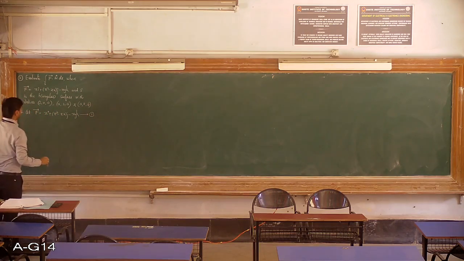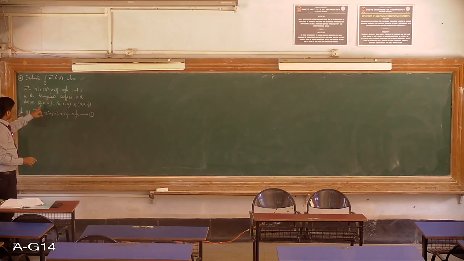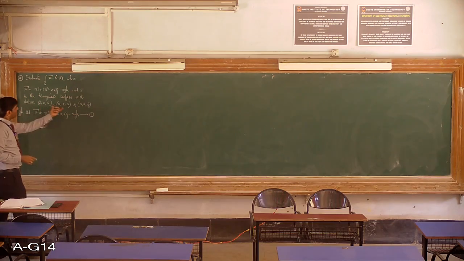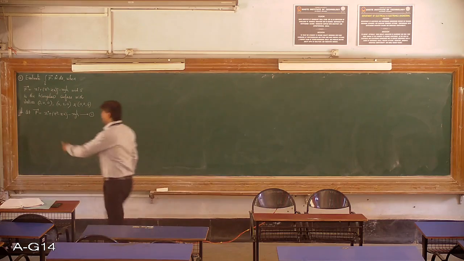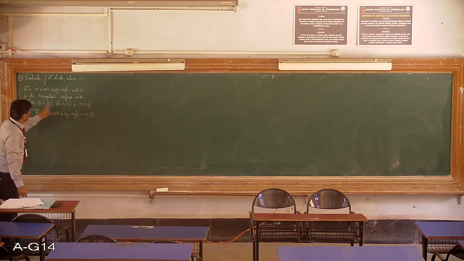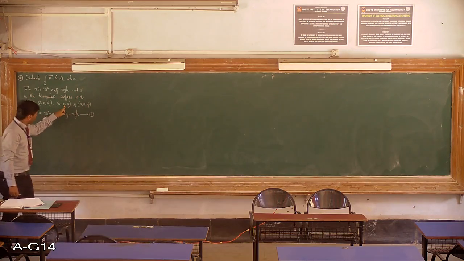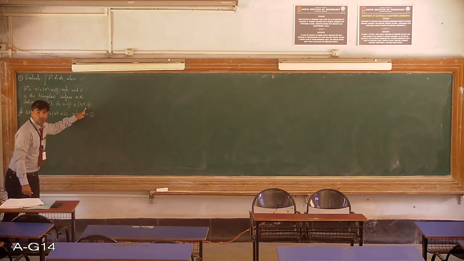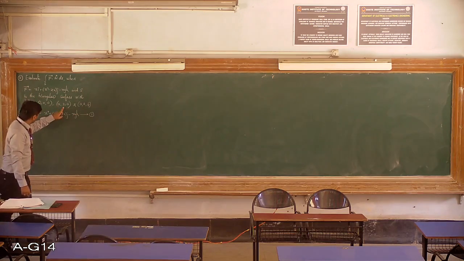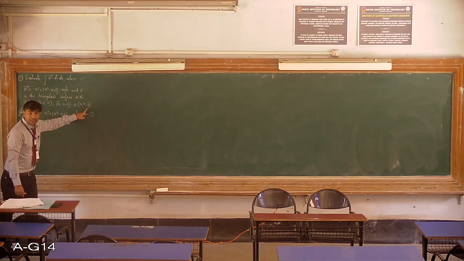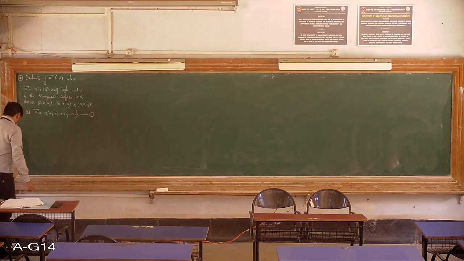Now here the given is a triangular surface with the vertices. Okay, so this is passing through these 3 vertices. That means it is a plane which cuts x-axis at 2, y-axis at 2 and z-axis at 4. This is a plane. We need to find the equation of the plane, right?